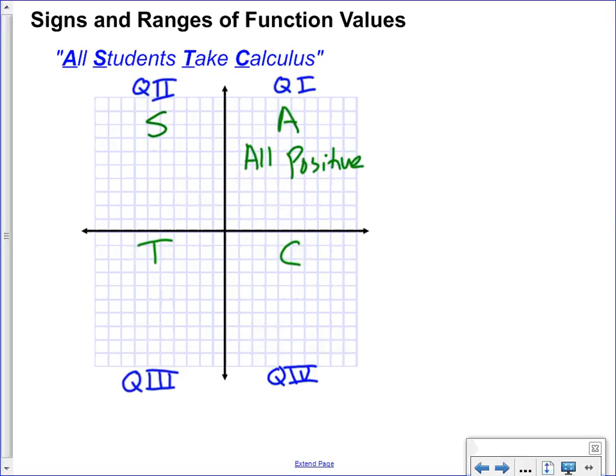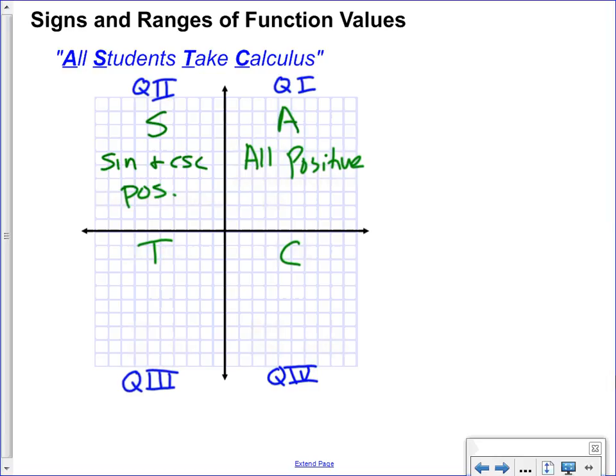S stands for sine. And what's the reciprocal of sine? Cosecant. So in this quadrant, sine and cosecant are the only things that are positive. Everything else is negative, because which value is positive, the x or the y? The y. That one's above, so only the y is positive, and sine is the y.